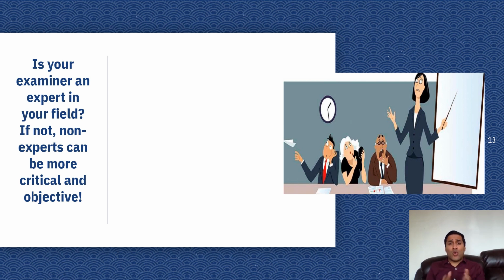Now, there are only 3 criteria for the examiners, at least in the UK. You get a PhD pass. It's very difficult for anybody to get a first time pass without any corrections. The majority of people get a PhD with minor corrections, where you are just asked to do minor tweaks here and there, to add some information or take out some information from your thesis after the Viva.